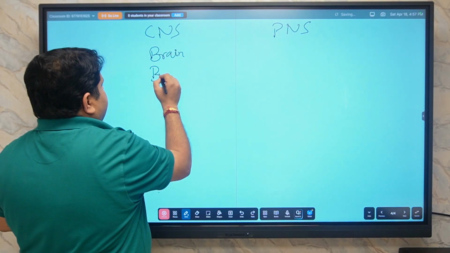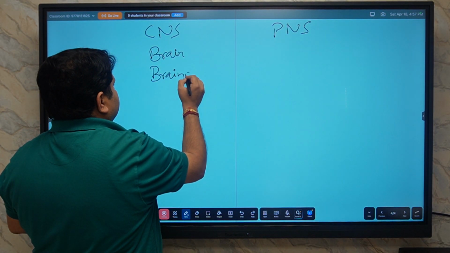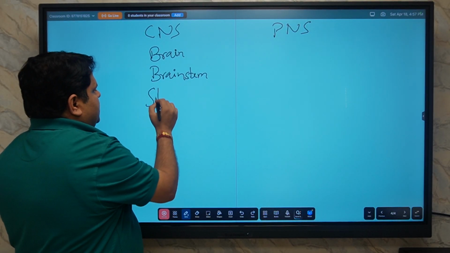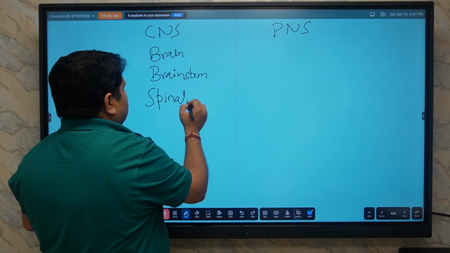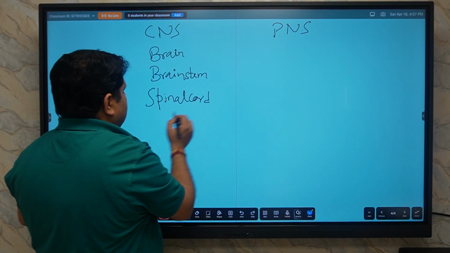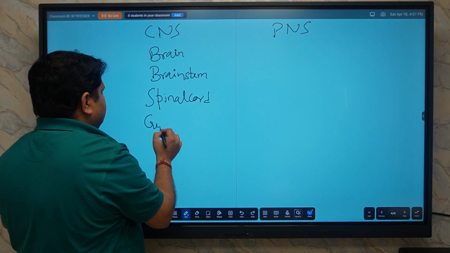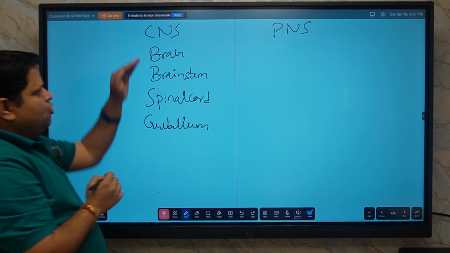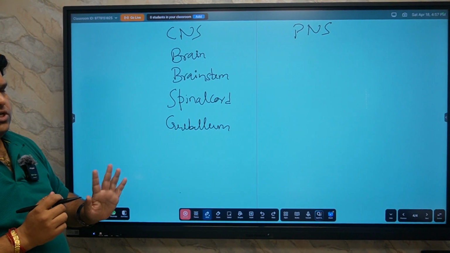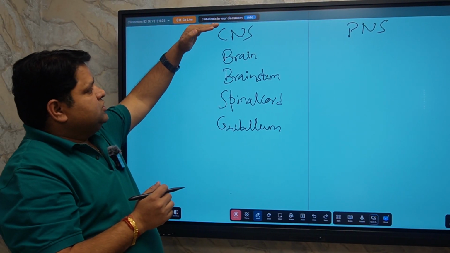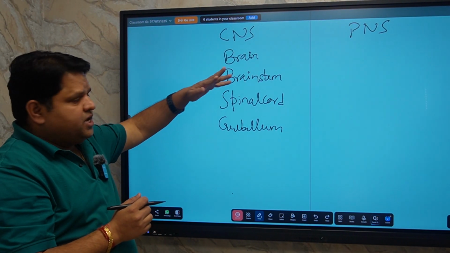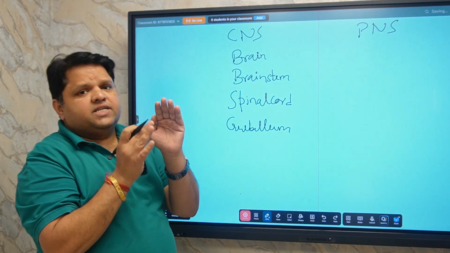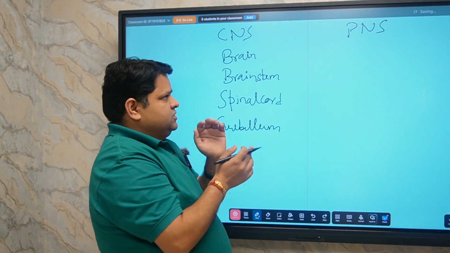We have the brain stem. We have spinal cord and cerebellum. So these four are the part of the central nervous system. So any lesion which is seen in the brain, the brain stem, the spinal cord or the cerebellum is considered a lesion in the central nervous system.